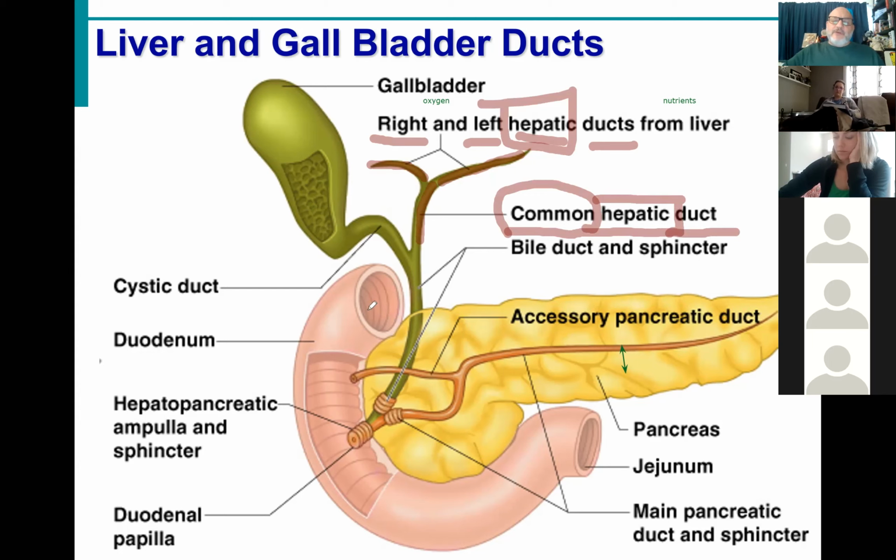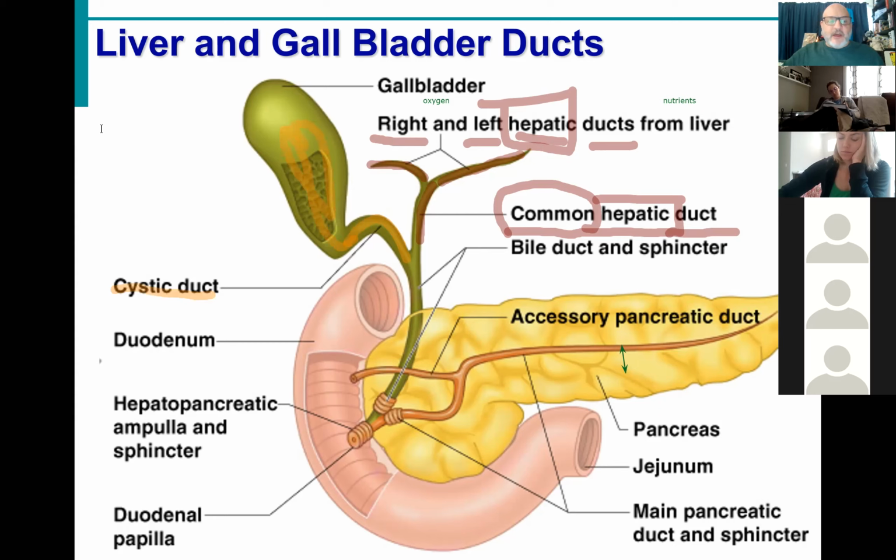Now, as we mentioned, if we want to release this directly into the small intestine, we are capable of doing that. But if you're not needing it, then that bile can move up the cystic duct to be stored in the gallbladder.